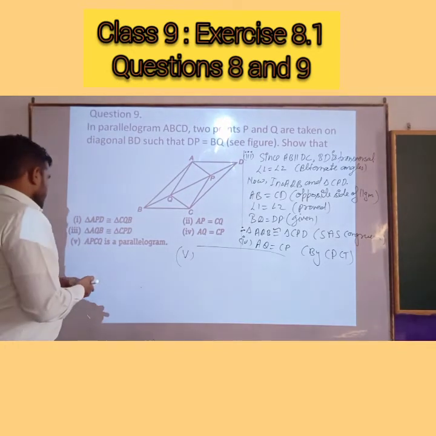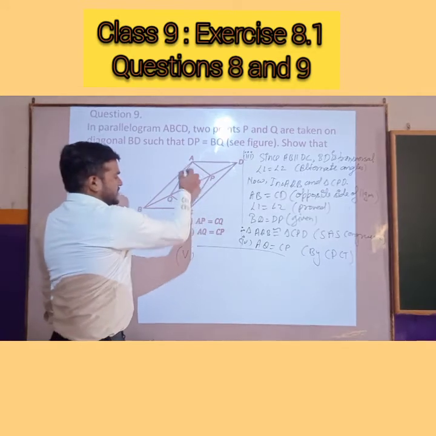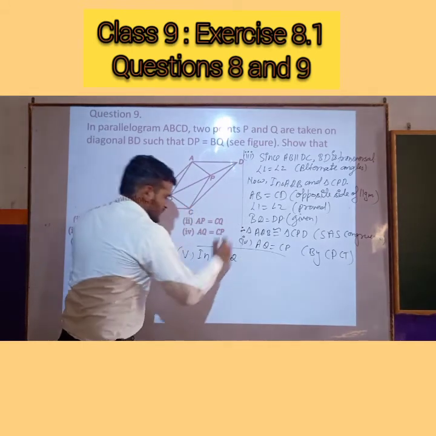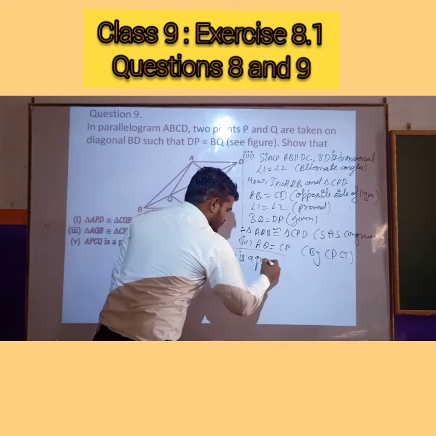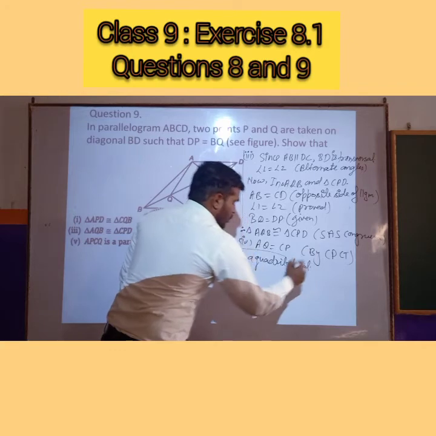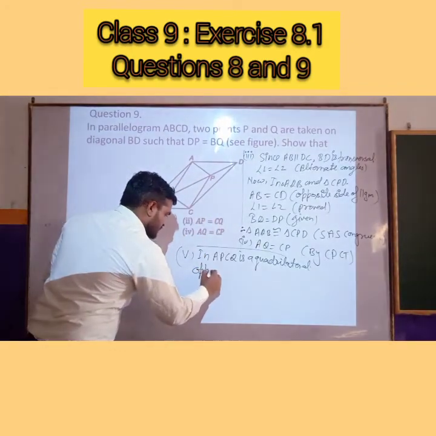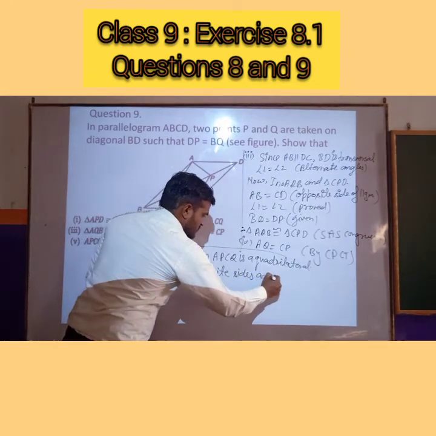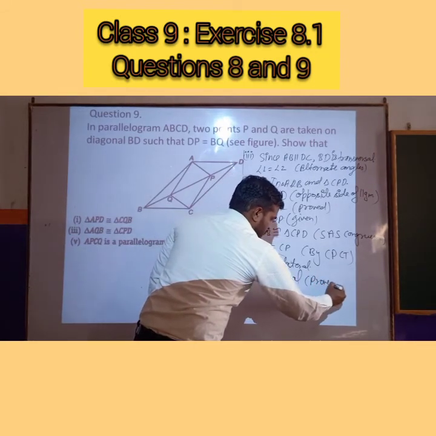So students, here we are given that APCQ is a quadrilateral, and we have to prove it is a parallelogram. A quadrilateral whose opposite sides are equal is a parallelogram.